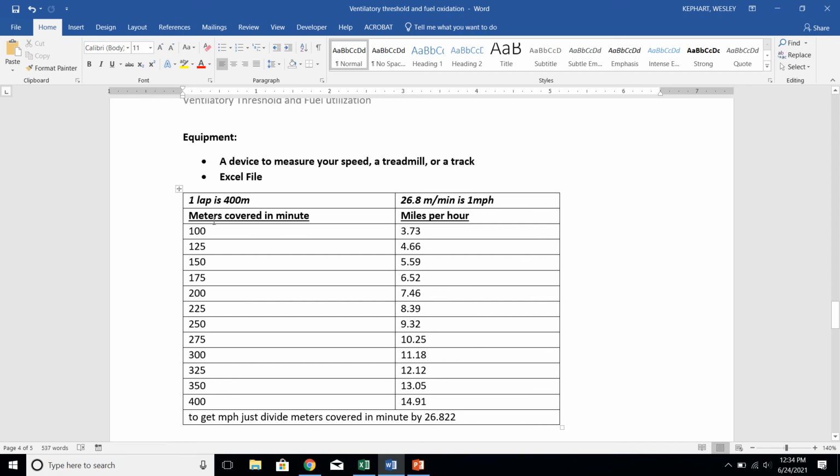And say if you cover 100 meters in a minute, well, you're going something around 3.7 miles per hour. If you cover 200 meters in a minute or so, then we're starting to go at like 7 miles per hour or whatever, and then 400 meters a minute, that's starting to get right around 15, and stuff like that.